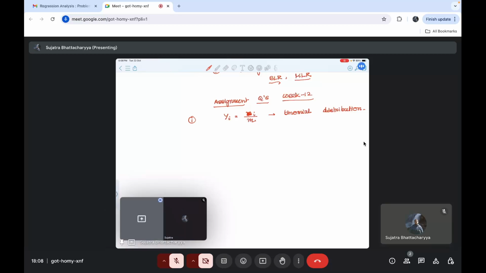So the distribution is m choose r, then the probability of success p to the power r, that is the number of successes, and 1 minus p to the power m minus r. This is how the distribution looks. You can also reduce it to m choose r, then p upon 1 minus p to the power r, and finally 1 minus p to the power m. This is how you can also write it.